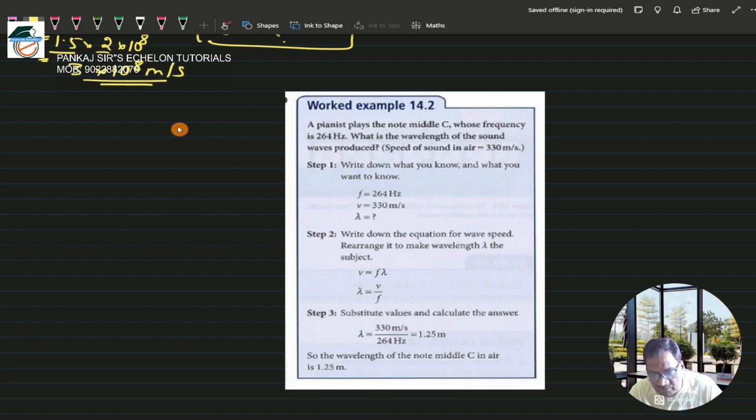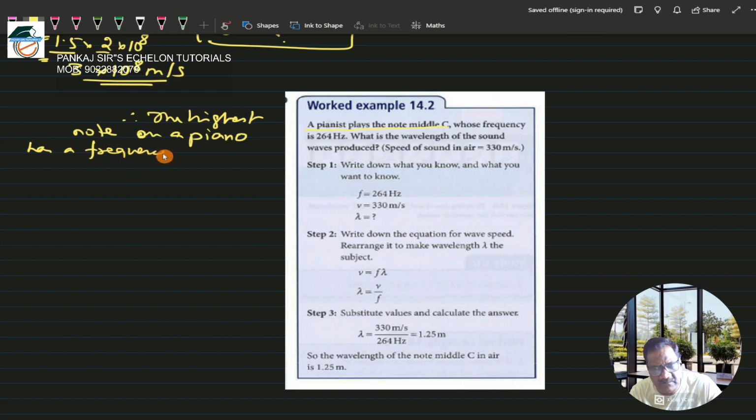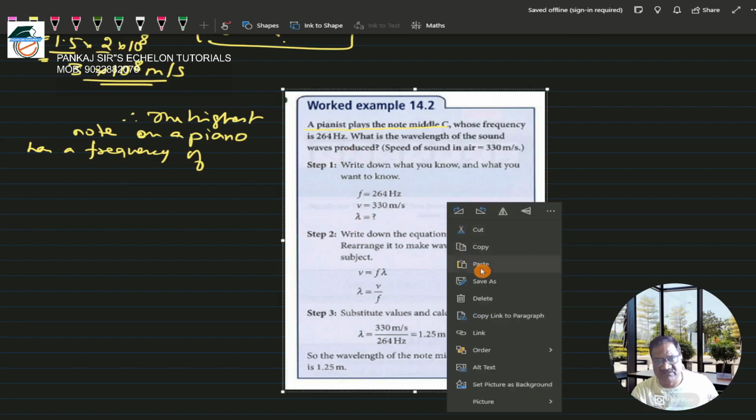The highest note on a piano has a frequency of, okay, this is some other question. So let me not do this question, because I have another question for you.